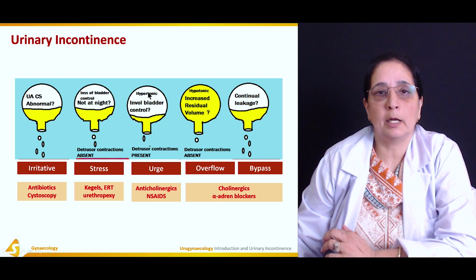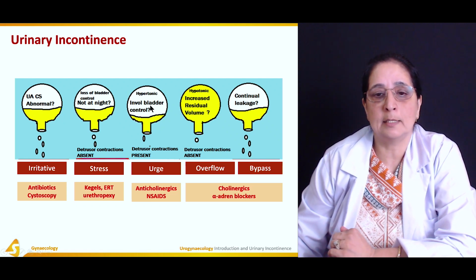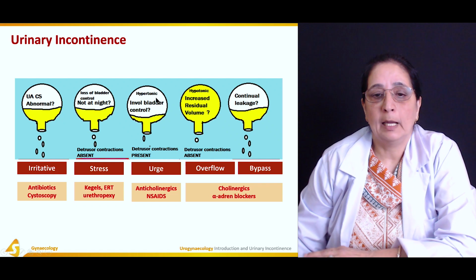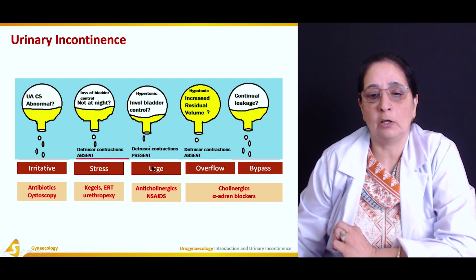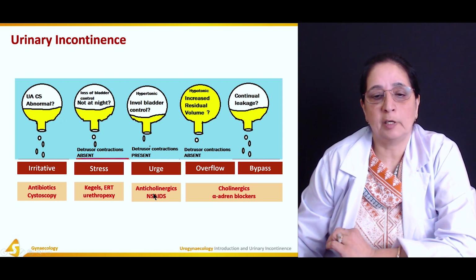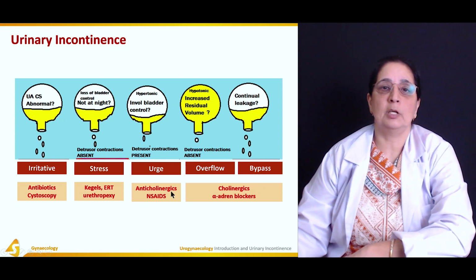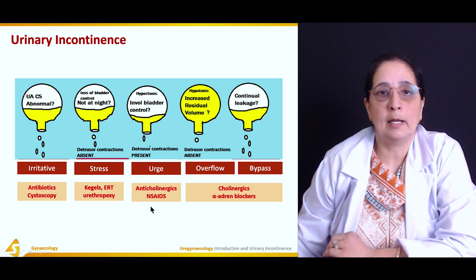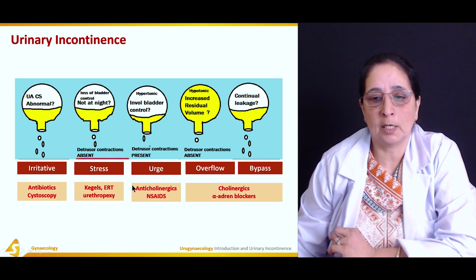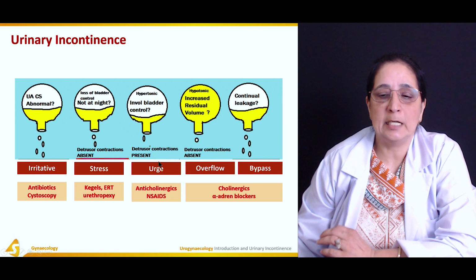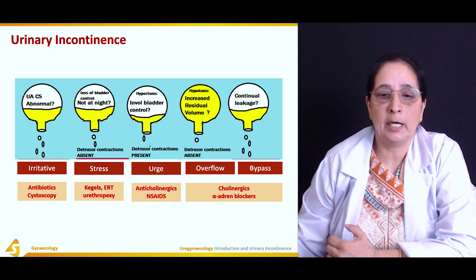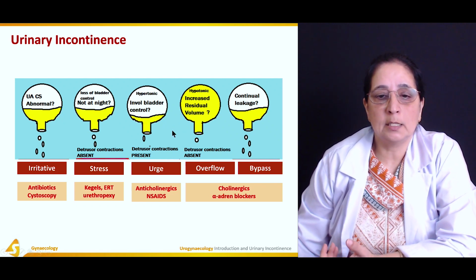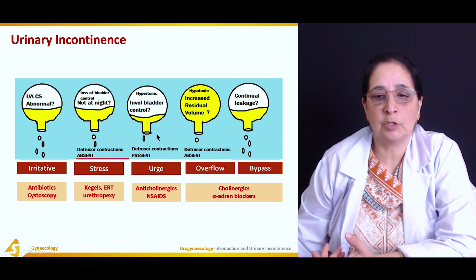Usually the urine inside the bladder is hypertonic and irritates the bladder. Urge incontinence is usually treated by anticholinergics and non-steroidal anti-inflammatory drugs, because it sometimes leads to a painful bladder also. There is a strong urge to urinate, and there is contraction of the bladder.